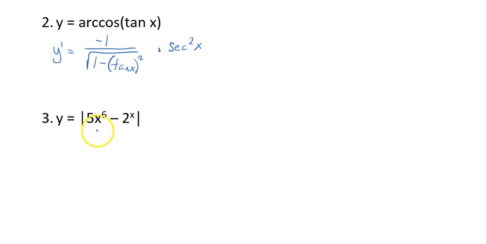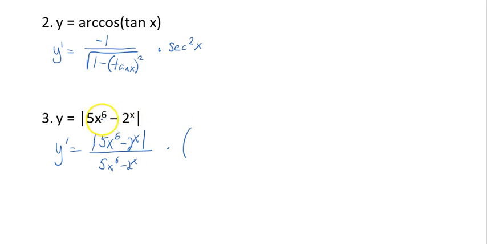For example 3, on the outside we have overall an absolute value function, so we're going to use that absolute value rule first, and then work our way to the inside. The derivative of absolute value says to put an absolute value around it on the top, and then on the bottom you keep whatever's inside the exact same as the original problem. So it looks like this, and then I multiply by the derivative of the inside.